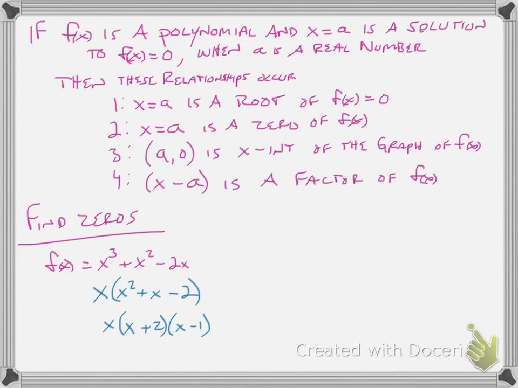So to find my zeros, I'm going to set each of them equal to 0 and solve. So that means I have x is equal to 0, negative 2, and positive 1.